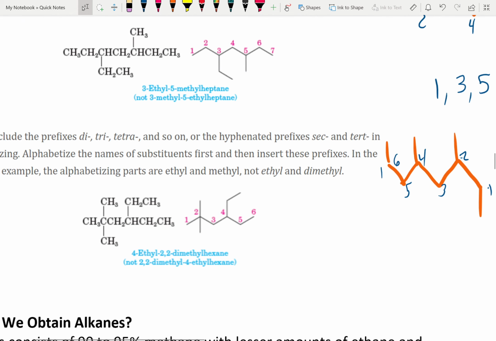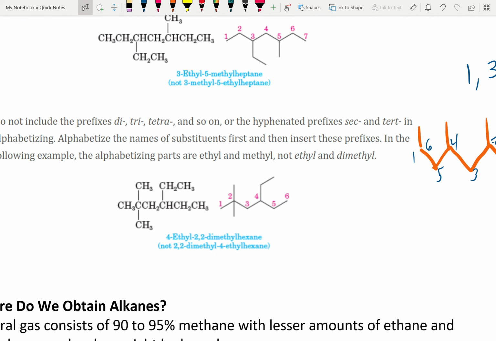We have a problem here if you look. So we start off with our numbering, right? We're starting from the left side because the first group bonded is to the 2nd carbon. The 2nd carbon from the right side does not have anything bonded. So at 2, we have 2 methyl groups, right?